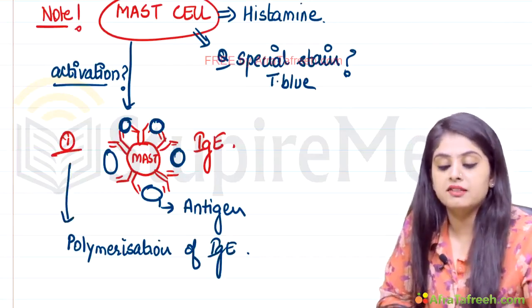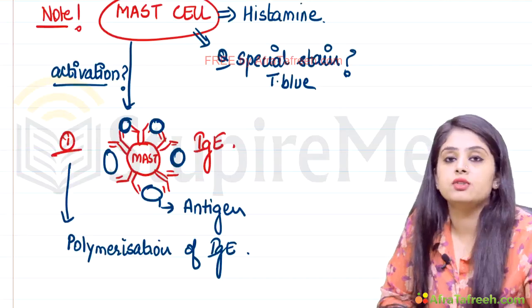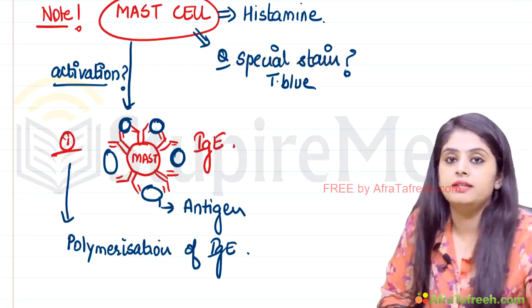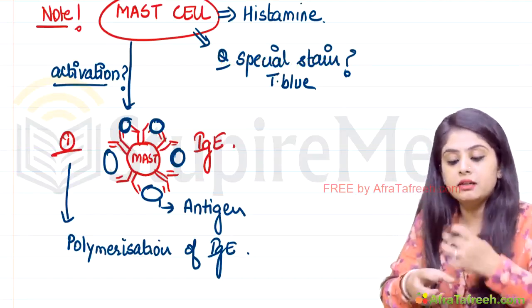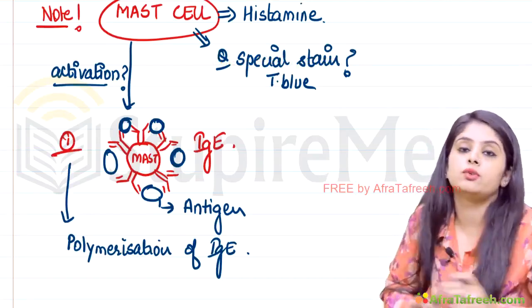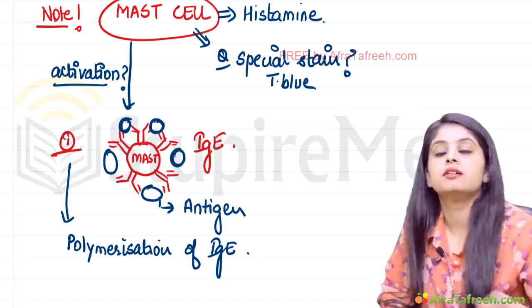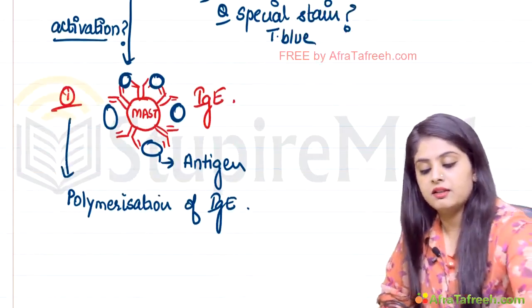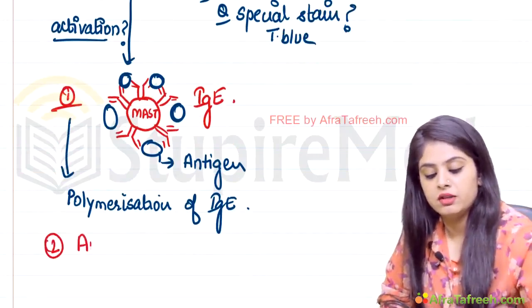So the first mechanism by which a mast cell can be activated is polymerization of immunoglobulin E. Remember, not just immunoglobulin E, but when they are connected by antigens, that is going to cause activation. That is when the mast cell will liberate histamine. The second way, this can also happen because of anaphylotoxins.